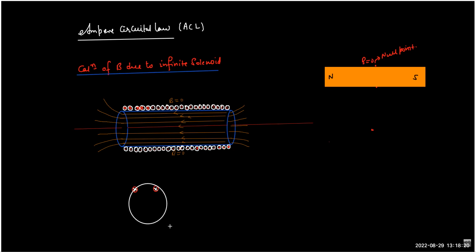Now we'll extend it just for the understanding part. And these are the field lines made by the first wire, the left wire. Similarly, the right will also make a similar thing.